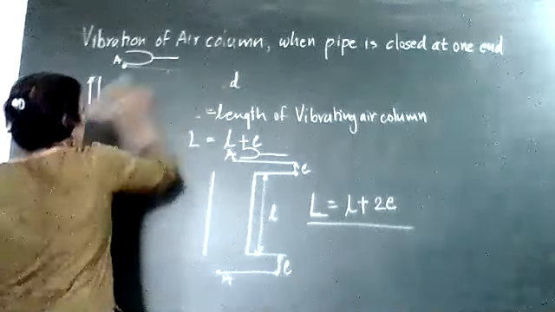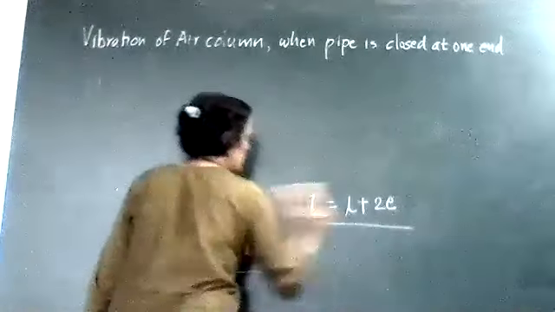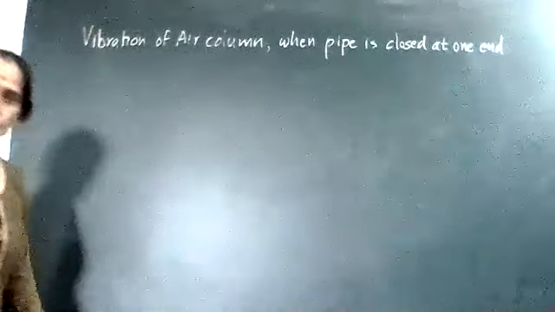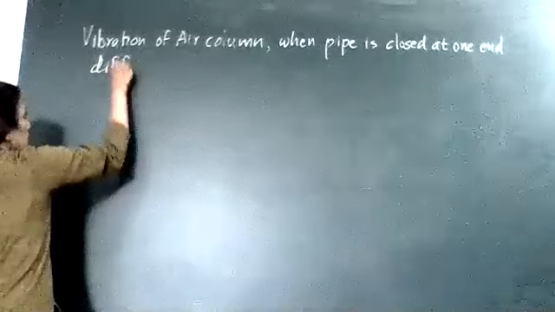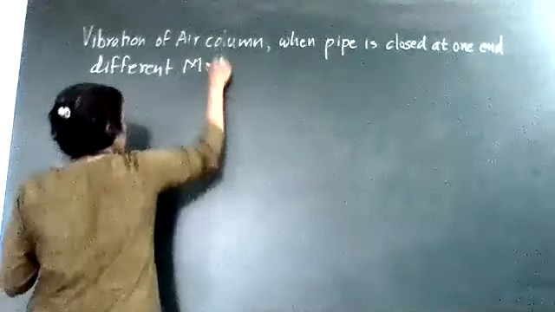Getting it? And now, using this concept, we are going to see the different modes of vibration. Now we are going to discuss the different modes of vibration of the air column when the pipe is closed at one end. So let's consider these different modes of vibration.